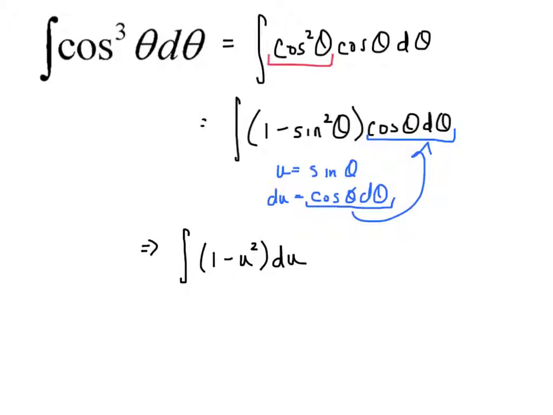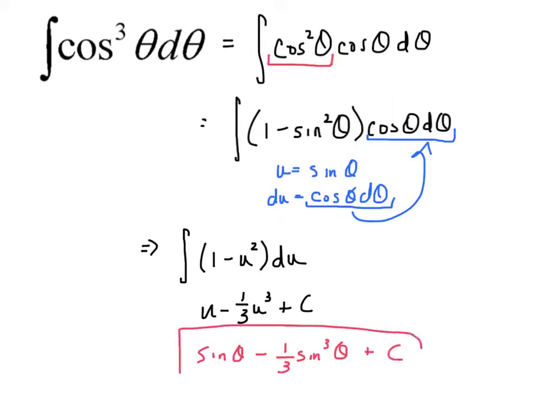Now we do the antiderivative. The antiderivative of 1 is u, because remember, u is the variable. So u minus 1/3 u cubed plus c. So I substitute back in, I have sine theta minus 1/3 sine cubed theta plus c. And here is our antiderivative.